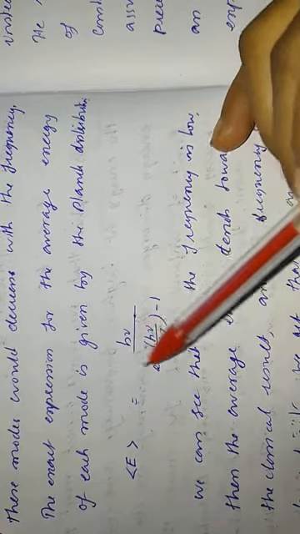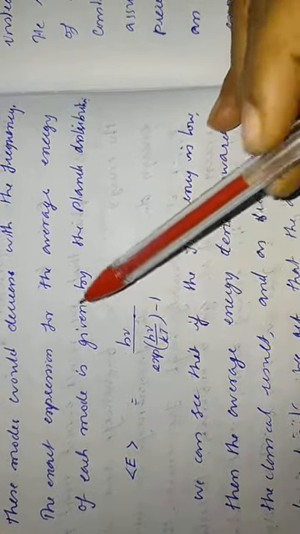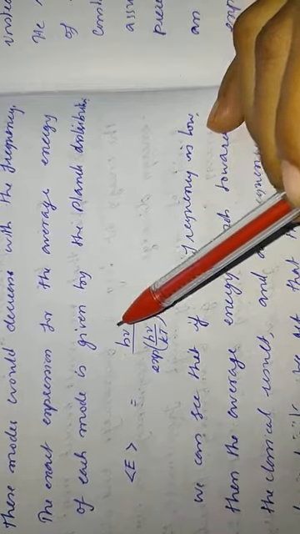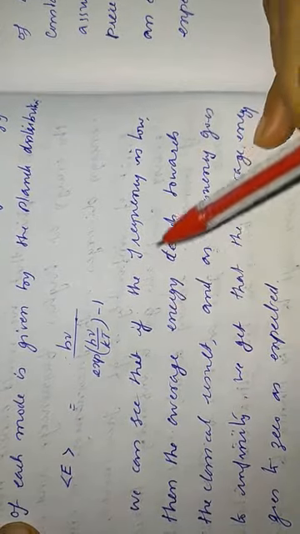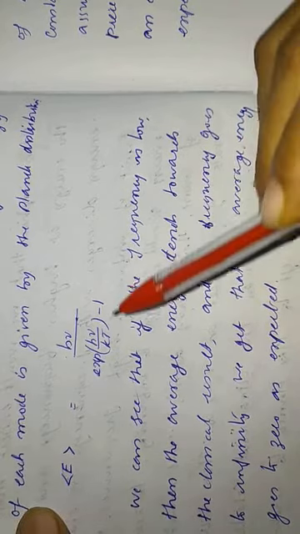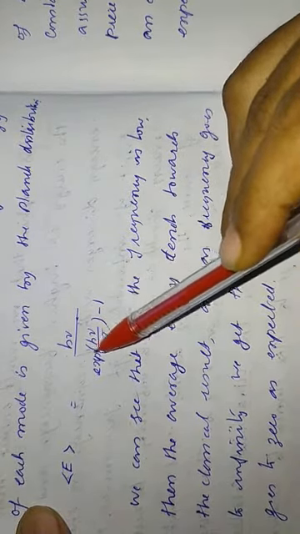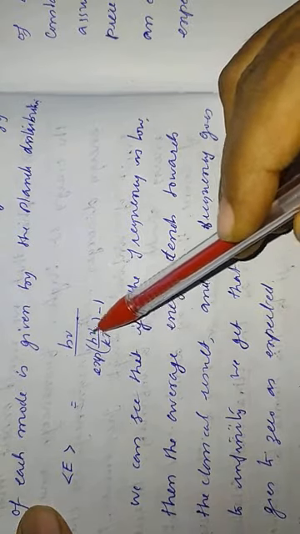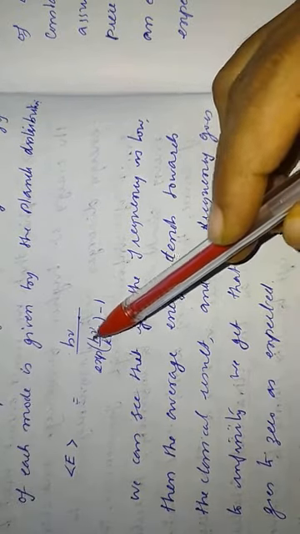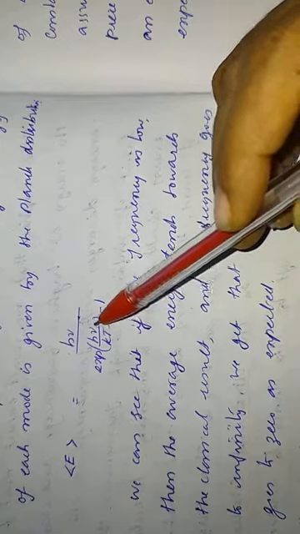So the energy density can be represented by this equation. This is the modification made by Max Planck. We can see that if the frequency is low, the exponential term h nu by kT is very small.